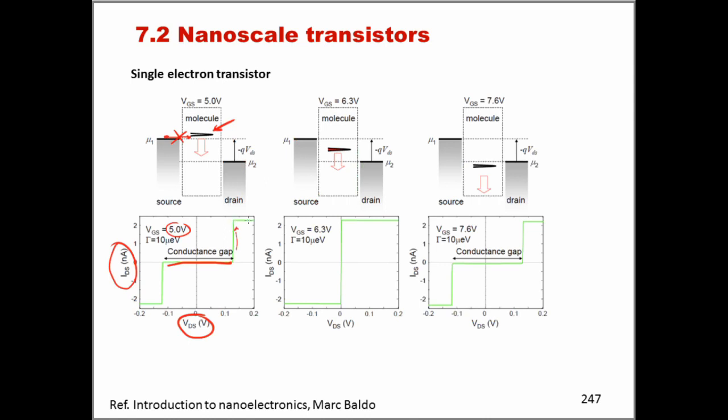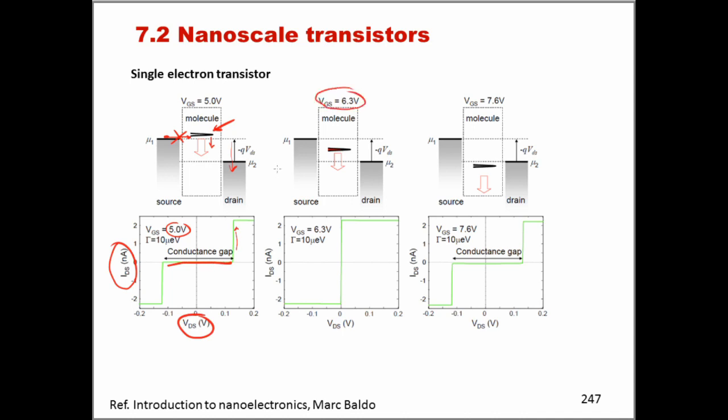Going back to why the current at a certain point could eventually, if VDS is too big, start flowing in this device: if we push this too much down, then this also is dragged a little bit down as well. And then it could align with the source, and so some current could start flowing. But we are not interested too much in these scenarios. We are interested in the case of VDS small. So for VGS 5 volt and VDS small, there is no current flowing through the device.